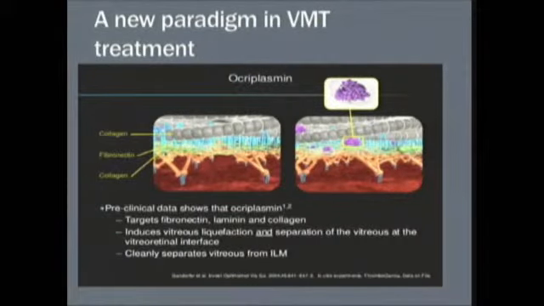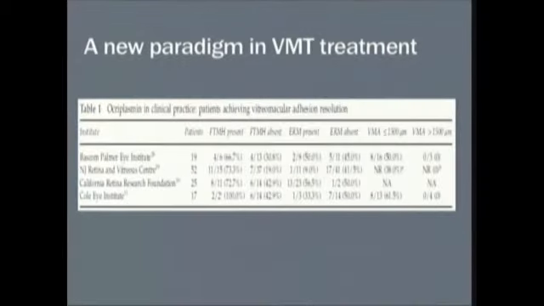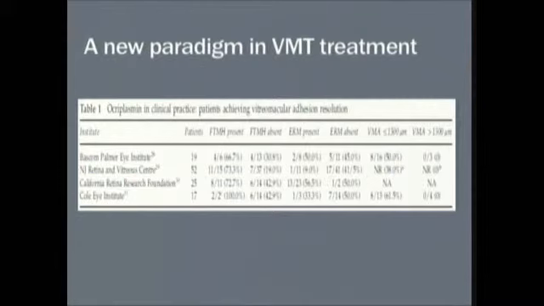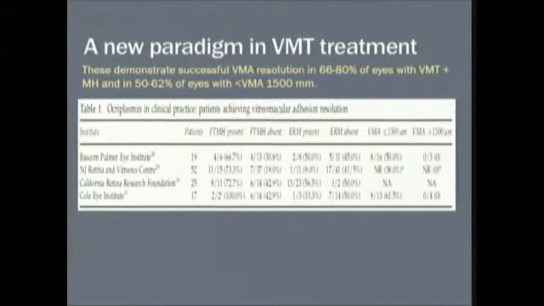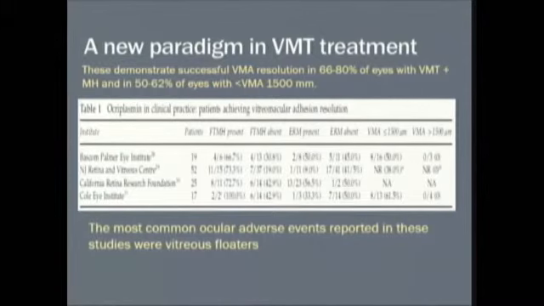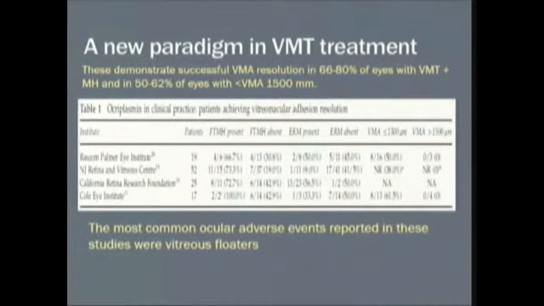There are many studies about the use of Ocriplasmin in VMT, and these studies showed a successful resolution of VMA in 66 to 80% of eyes, and in VMT with macular hole it's less, which is 50 to 62%. The most common side effect of Ocriplasmin is floaters.